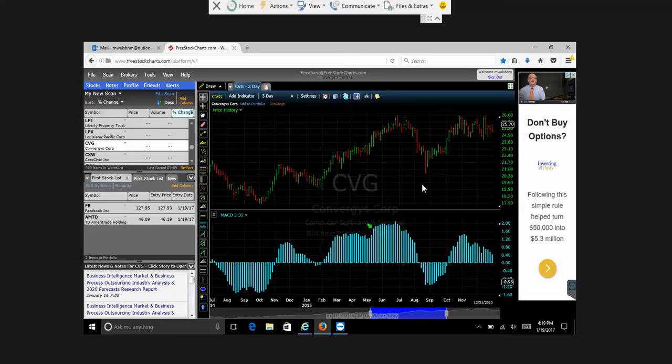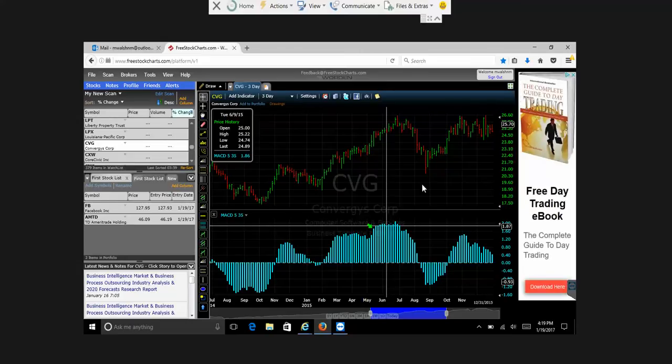Okay, so show me where we actually entered the trade. We entered at the reversal. Yes. Hold it there. And we're looking at $25. We would have entered the trade at $25.